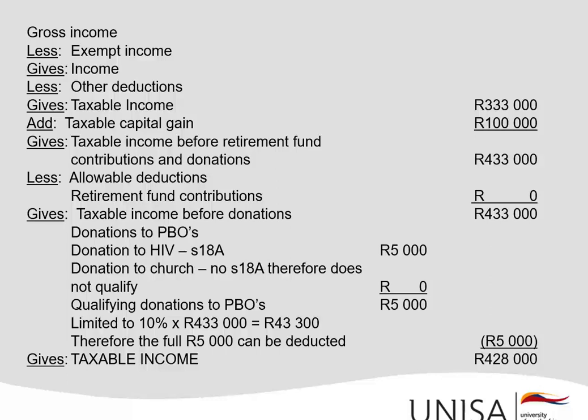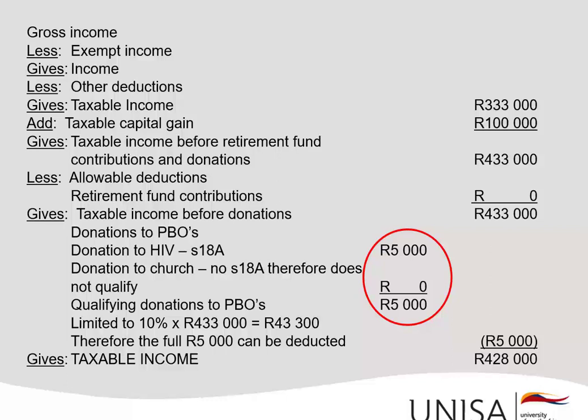Okay, what you need to take from this is it's important that your first step is to calculate the qualifying donations before you can apply the limitation and to show each of the donations that the taxpayer has made, whether they will be taken into account or not.